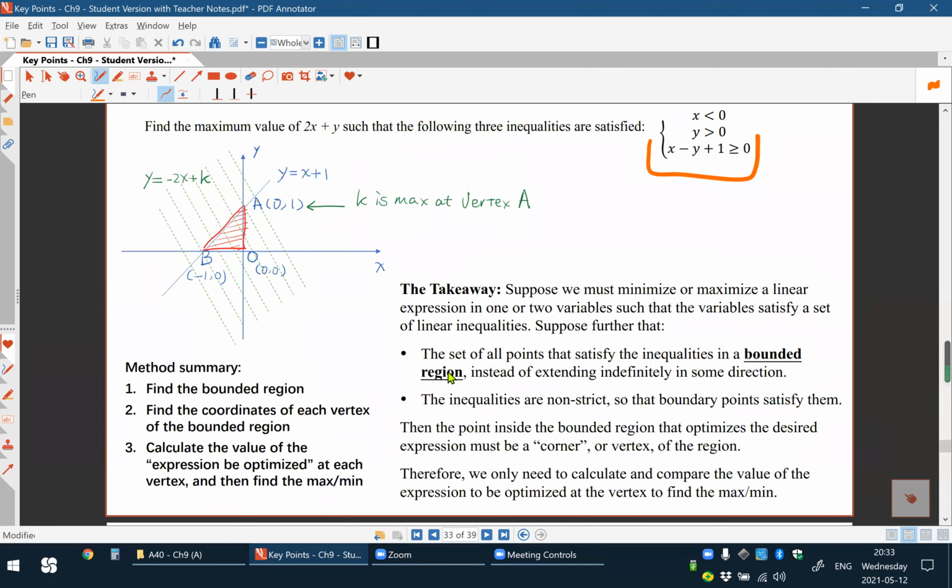Suppose further that the set of all points that satisfies the inequalities is a bounded region. Okay, this is our bounded region, right? In this example, this is our bounded region, which corresponds to the set of constraints. Okay, instead of extending indefinitely in some direction. And the inequalities are non-strict so that the boundary points satisfy them.